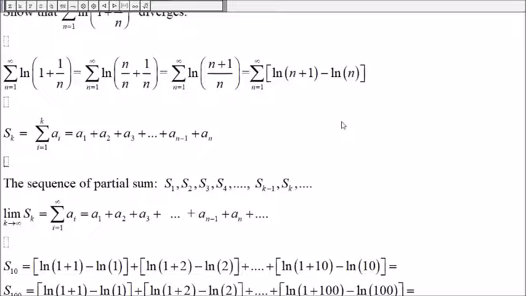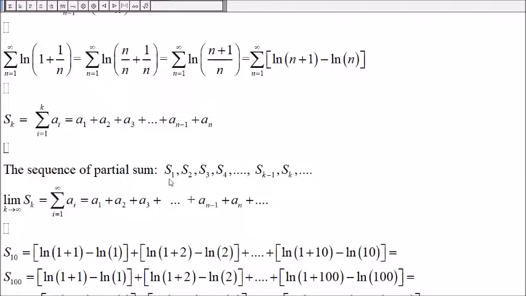So let's get the sequence of partial sums. Recall that s of 1 is the sum of the first term, s of 2 is the sum of the first two terms, s of 3 is the sum of the first three terms, and so on. Then s of k is the sum of the first k terms.